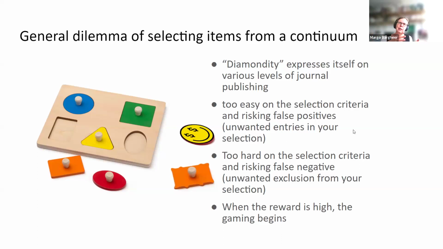So being elastic and flexible and open enough not to risk too many false negatives, and at the same time not become an incentive in itself. Because the idea of a selection of Diamond Open Access journals should be that they are visible and not that you win a prize because you managed to get in there.